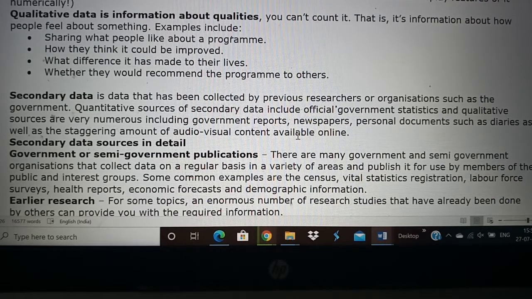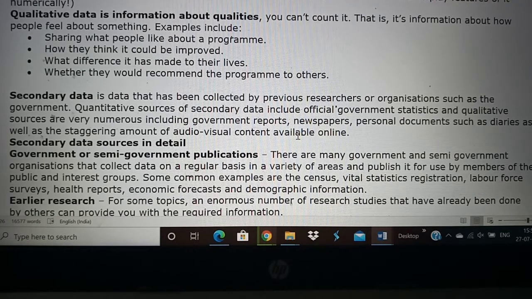You ask them after they have taken treatment whether they are happy, whether they are sad. Some of them will be happy that the disease treatment is over. Others will be sad because they are still suffering stigma. So this kind of information is qualitative data. That is one way of classifying the type of data.